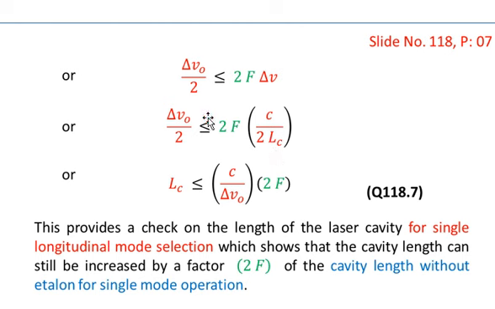And you can solve this equation for the value of L_C. So L_C becomes less than or equal to C over delta nu naught times 2F, where F is the fineness of the interferometer. So this is the condition on the length of the laser cavity. Your length of the laser cavity should be less than this quantity on the right hand side if you want to select only a single longitudinal mode.